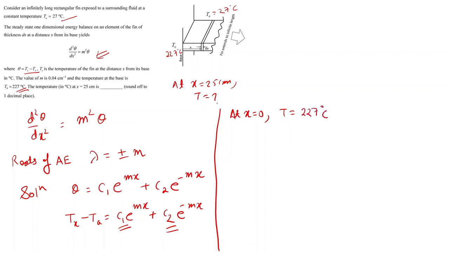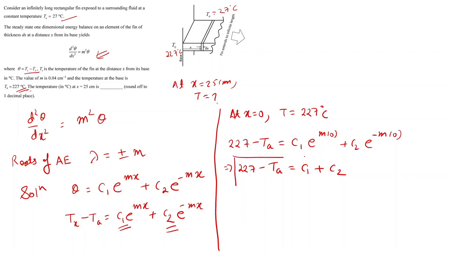So we will replace this value in this equation and we get 227 minus Ta is equal to C1 e raised to m into 0 plus C2 e raised to minus m into 0. So 227 minus Ta is equal to C1 plus C2.